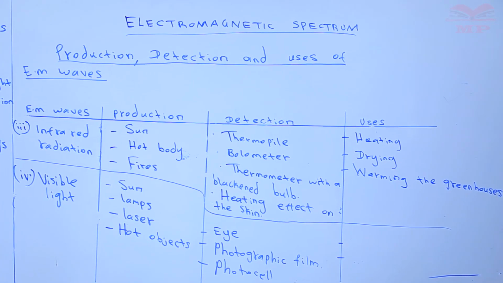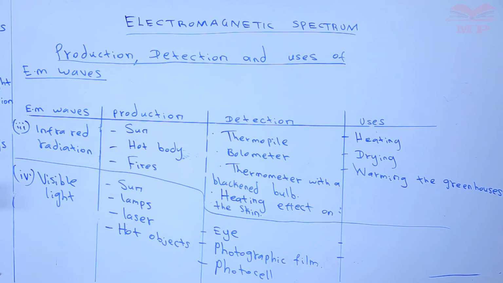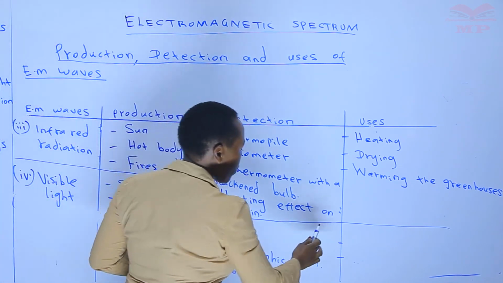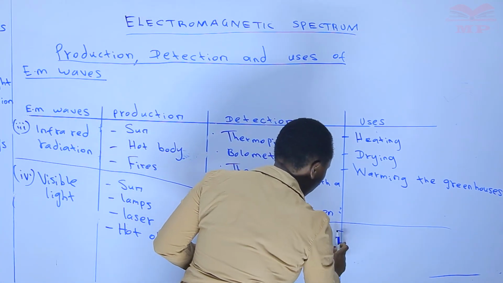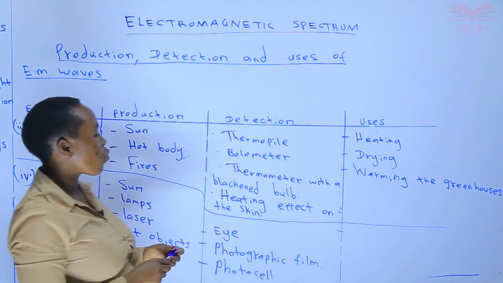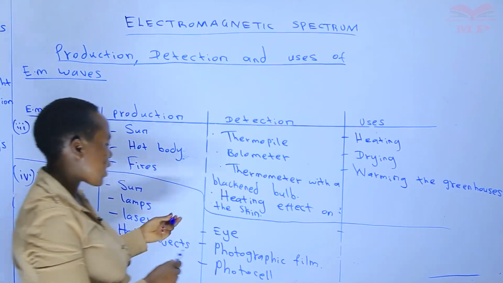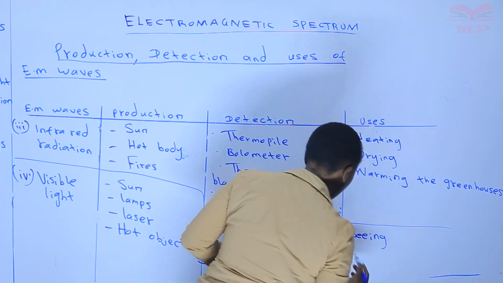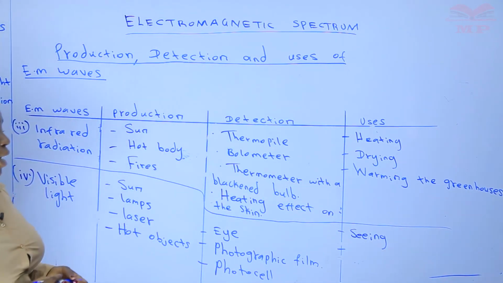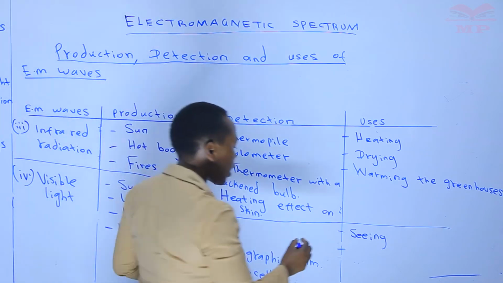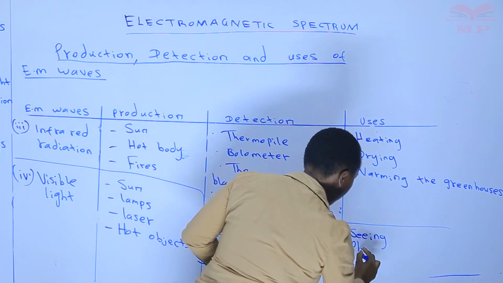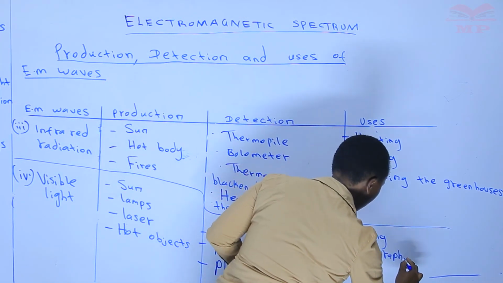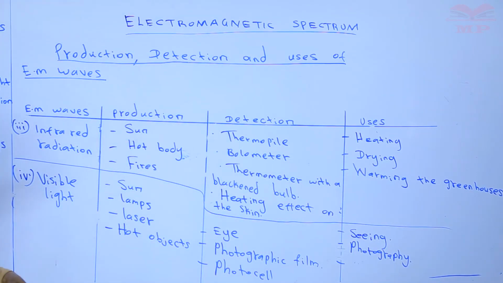And what are the uses of the visible light? One of the uses that is very simple, and that is what you are using here, is seeing. It helps us to see. Again, it is also used in photography. Visible light can also be used in fiber optics.